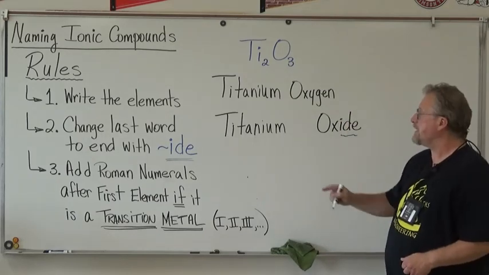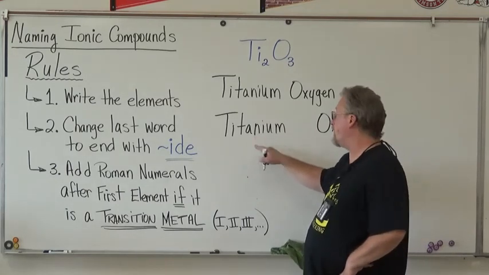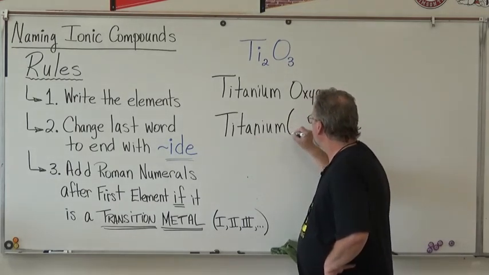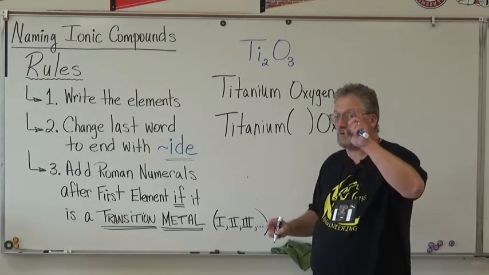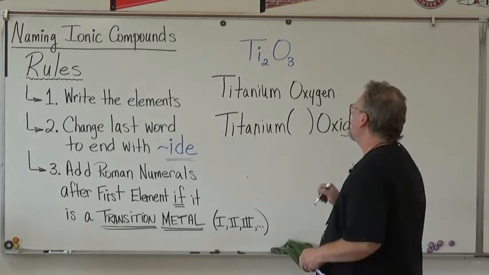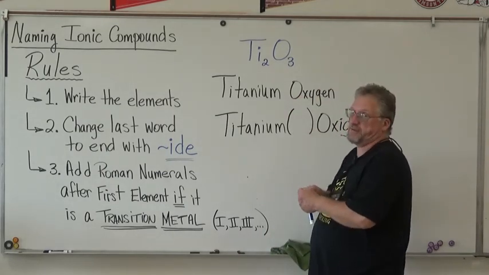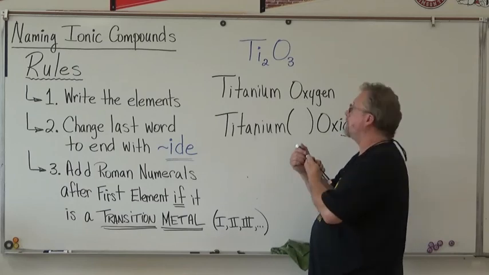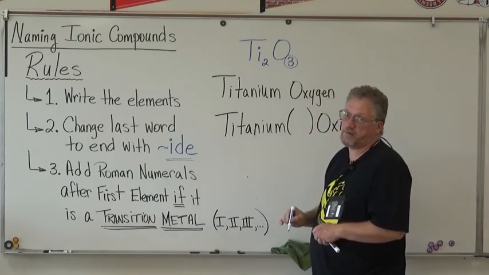So we're good. And right there, since this is a transition metal, we're going to put parentheses right here, and we're going to put a Roman numeral in there. Now watch very carefully. That Roman numeral seems kind of crazy. It's going to take a little bit of learning, but it's going to come from this number on the oxygen.